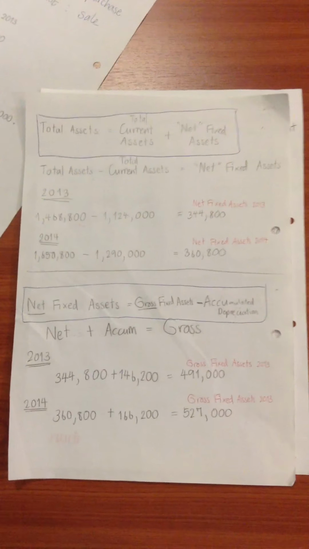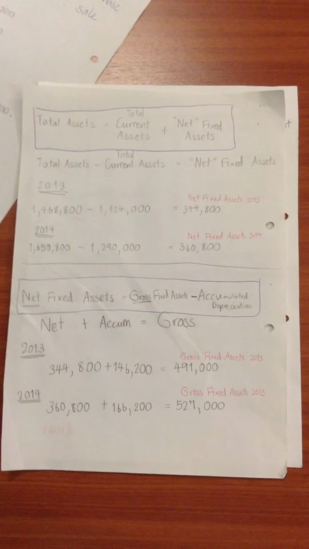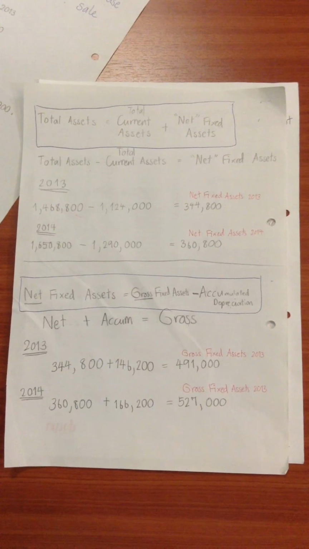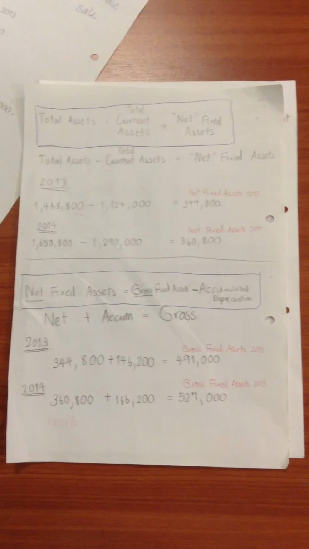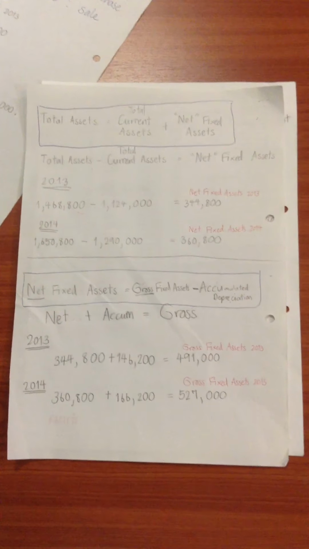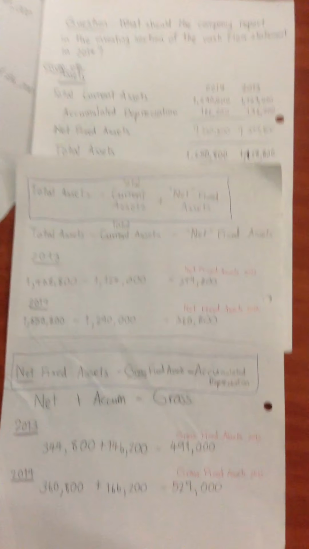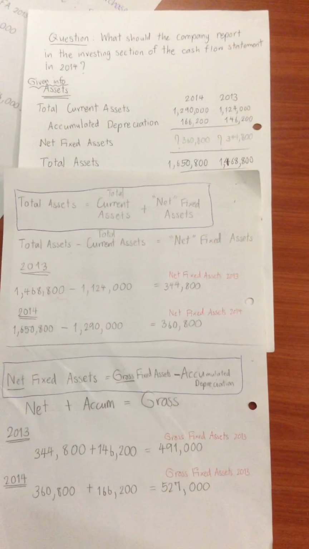So first formula you have to realize, I have put it in the blue lined rectangle. The total current assets and net fixed asset put together will be the total assets, which, as you can see in the question, are given, the total assets and the total current assets.